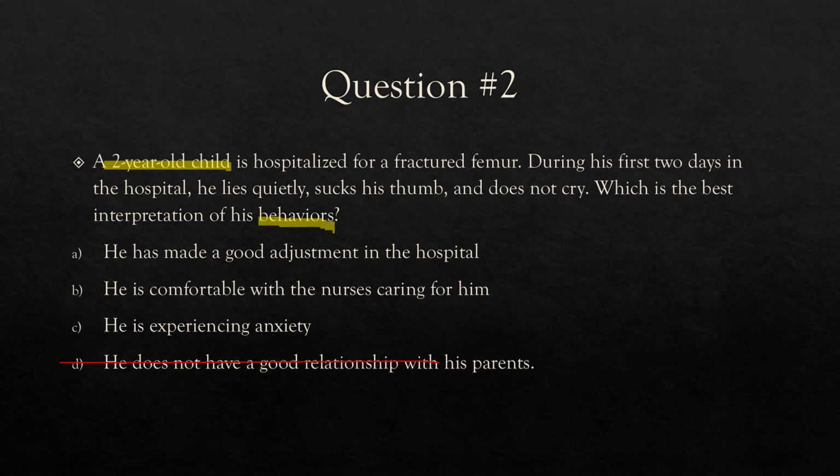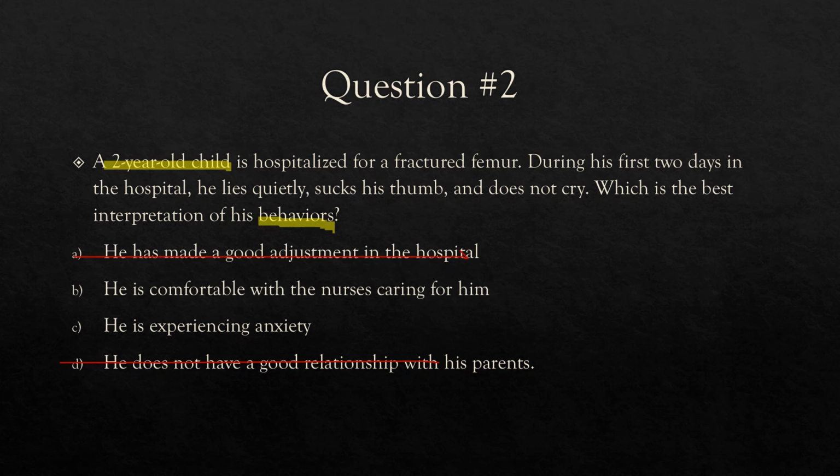And then another one is he has made a good adjustment in the hospital. I know this is not true after reviewing the stages of separation anxiety, because if he had made a good adjustment, we would be seeing things that fall under detachment, which is interaction with strangers, and appears happy. His behaviors do not suggest that he appears happy.